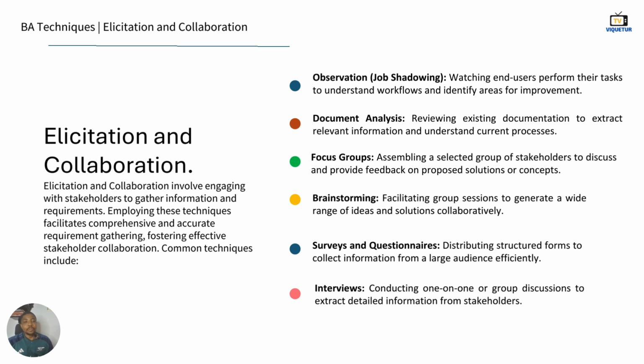The first one is observation or job shadowing, right? This is where you go to your stakeholders or your end users and you sit with them and just observe them. You watch them do their job, you watch them carry out their processes, you watch them interact with existing solutions with the aim of getting feedback from them. Now, observation or job shadowing can be of two types.